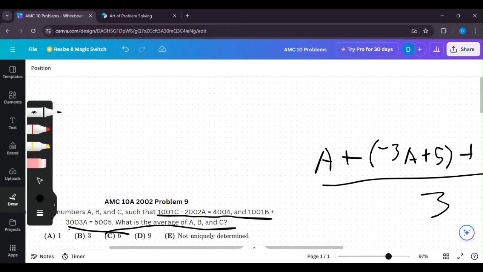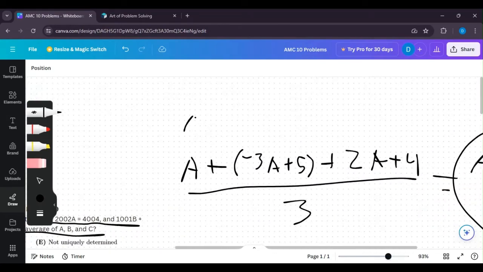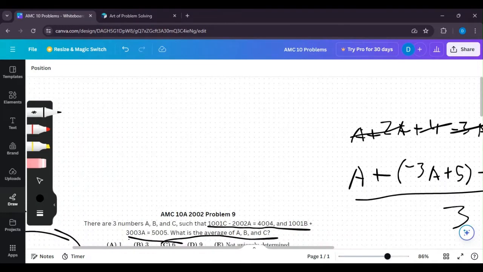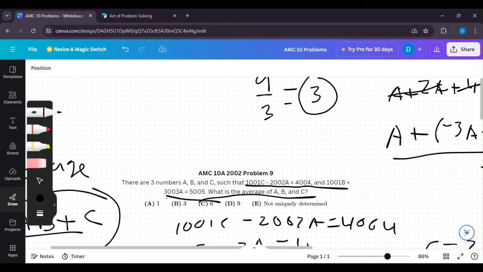So we can simplify this. a plus 2a plus 4 minus 3a plus 5. 3a minus 3a, the 3a's cross out. So we're left with 4 plus 5, which is 9 over 3. So we know that the average of those three integers, a, b, and c, is 3.